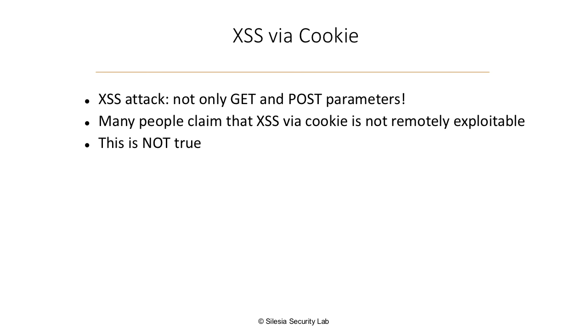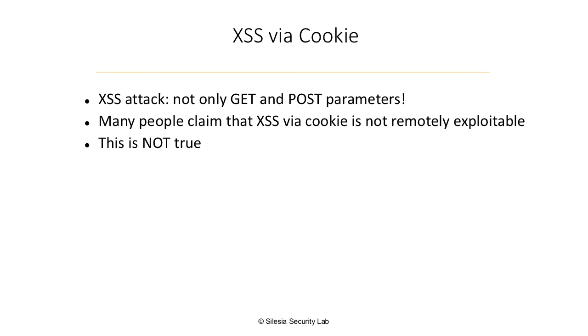When you want to get a 4-digit reward for your XSS attack, then you must prove to the bug bounty program owner that your attack is remotely exploitable. If you cannot do it, then you will not get any reward. This is how it works, right? So the difference here is very significant. If you can prove that XSS via cookie is remotely exploitable, then you can get a couple of $1,000s.